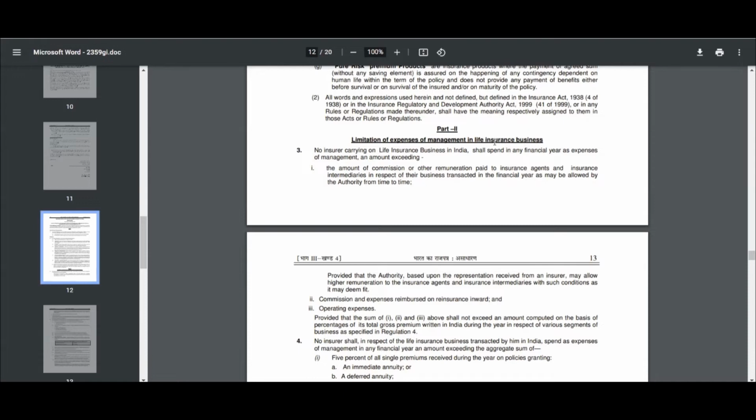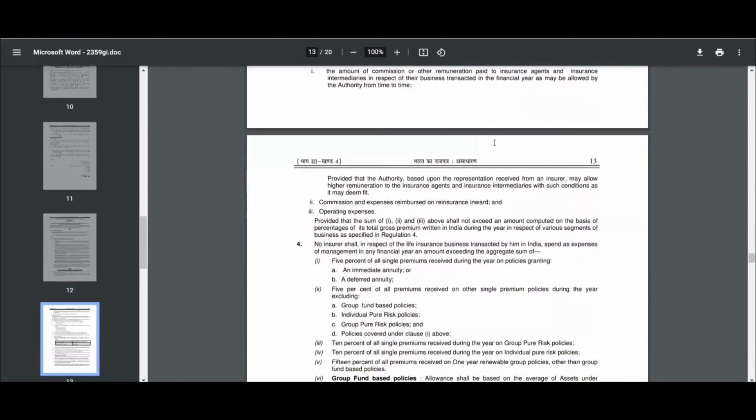would not exceed the specified percentage of the gross premium written in India, as specified under Regulation 4 of this regulation. Now, what is specified in Regulation 4? For single premium business, the expense of management of an insurer would not exceed the percentage specified below.